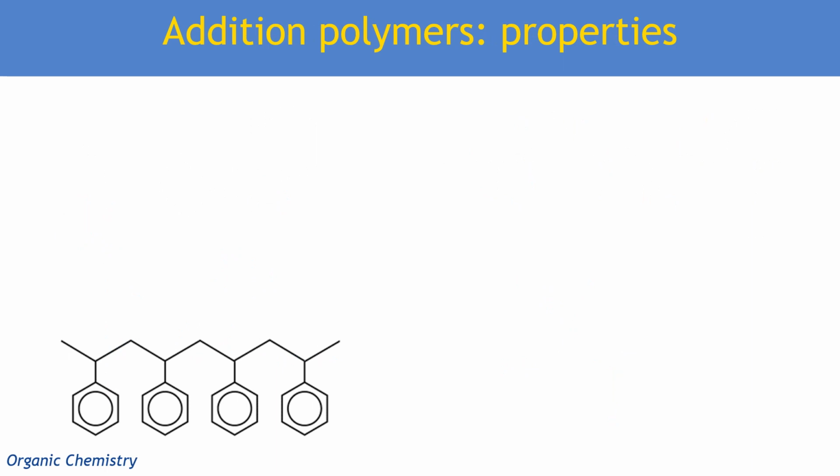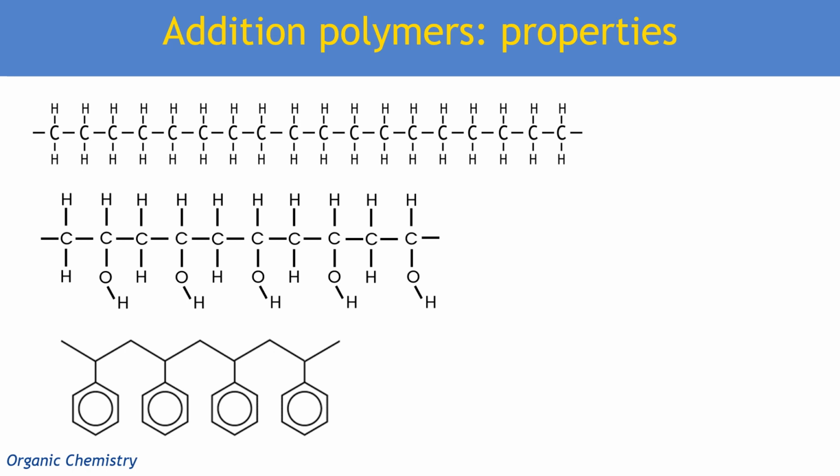Okay, let's talk a little bit about our properties. Polymers are molecules, so they have molecular structures, but they're slightly unusual because they are very large molecules. So if we look at the top one, what we've got here is polyethene. Now we should know that ethene or ethane are hydrocarbons.